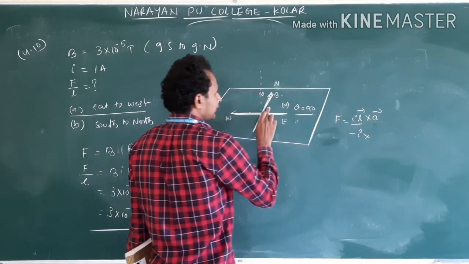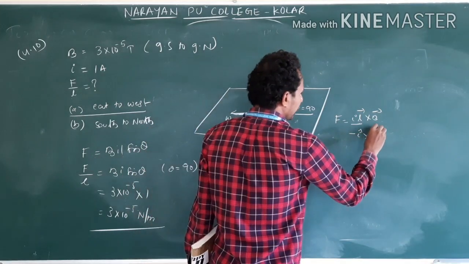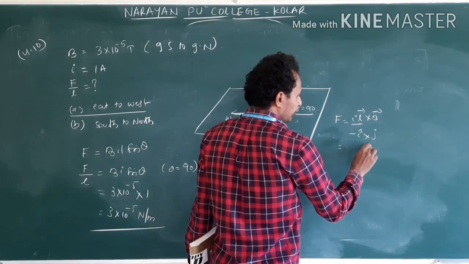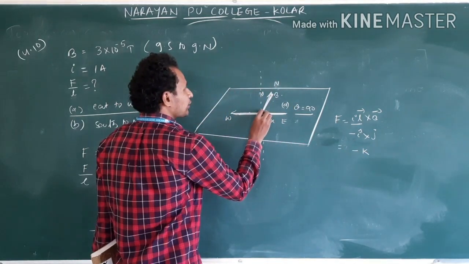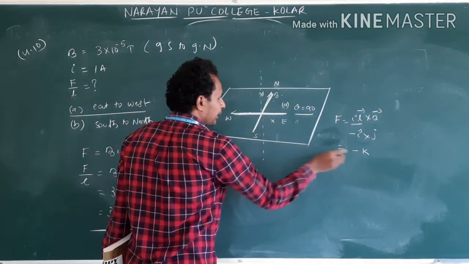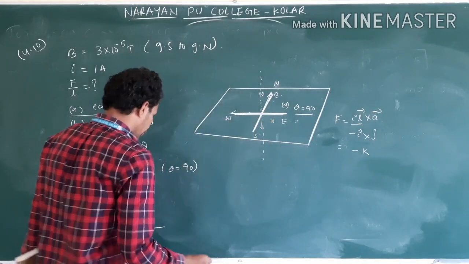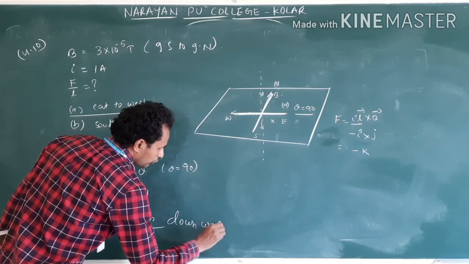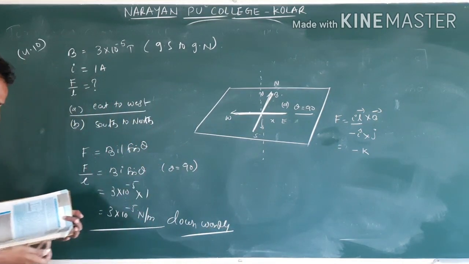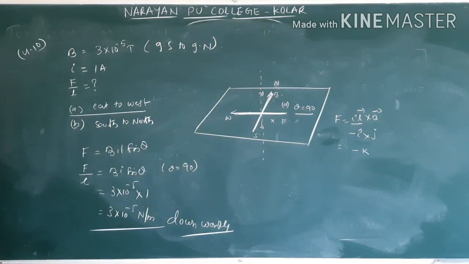Cross B is acting in the y direction. So i cross j we will get k. But minus is there, so minus k. Minus k means plus k is acting upwards, so minus k acts downwards. The answer is downwards. Clear?